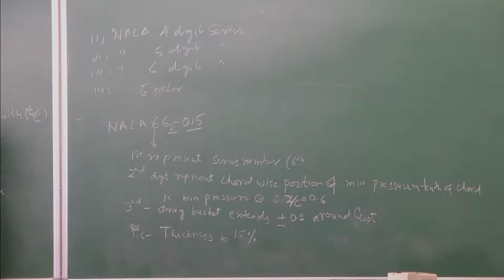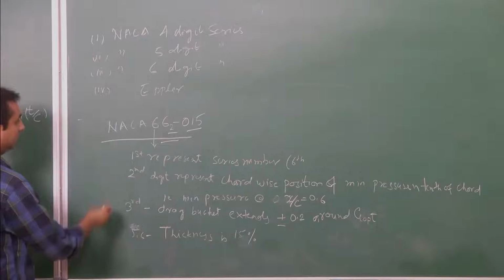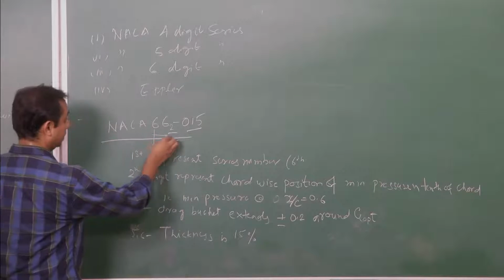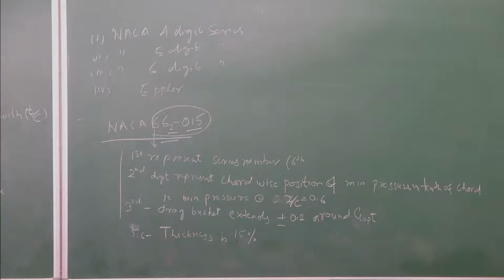So this is the information which we get from a particular series of airfoil. This is what the series number tells us, and the information we get from the plots we have already seen a few minutes before.